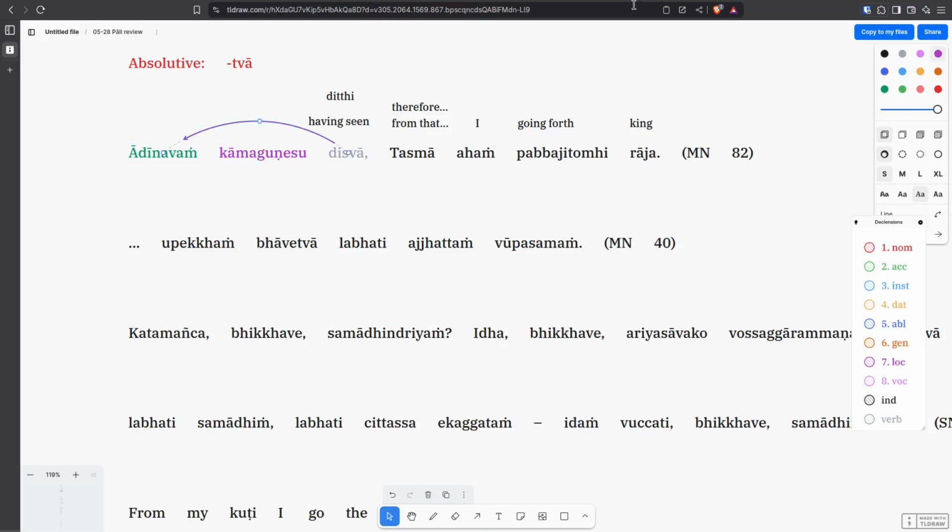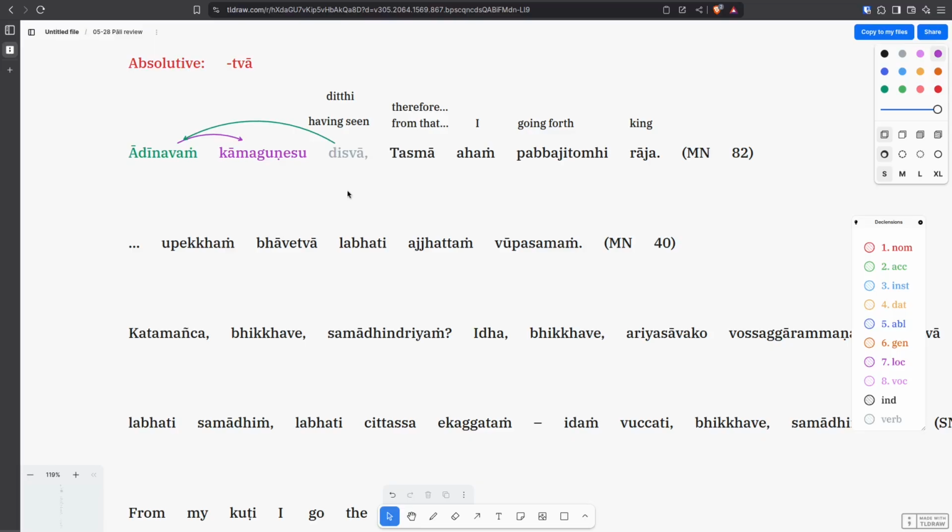So you see, I have seen something, so that has to be the accusative. And the danger is in kamagunesu, the strands of sensuality, the five types of sensuality, kamaguna.